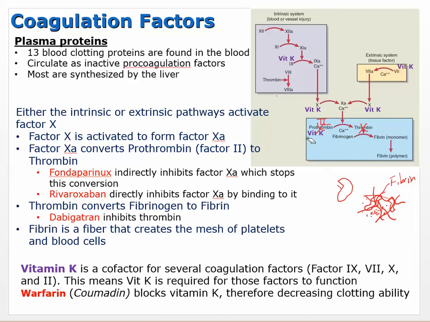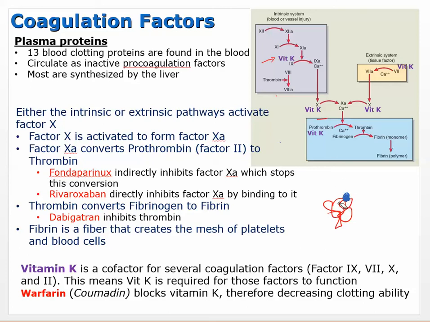Another thing that you can see from this diagram, whatever you want to call it, is that I've written vitamin K in here. So vitamin K is a cofactor, and all a cofactor does is, you usually have an enzyme or something like that, and a cofactor will bind a part of that enzyme and then turn it into an active form. So it activates it in a way. The enzyme is ready to go, but it needs that cofactor to activate it.